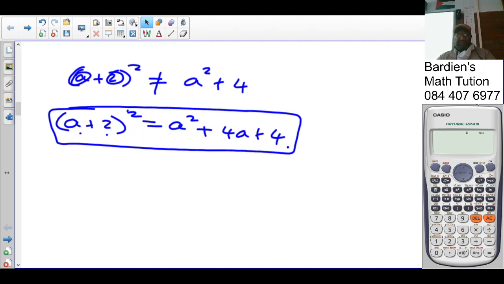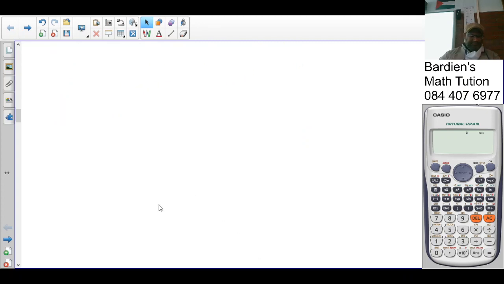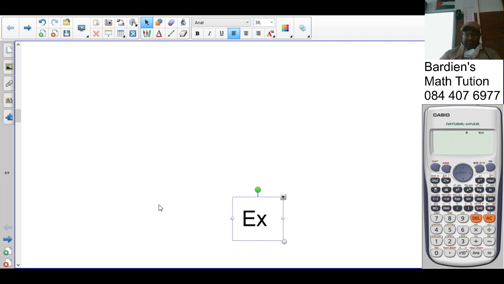I'm going to do these two quickly again. What page is this on? Exercise 1.4. Which page is that exercise on? Sorry? 9. Okay.